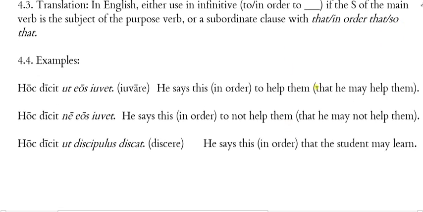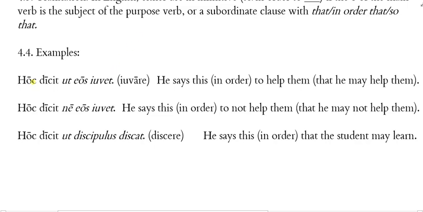So here are 3 examples in Latin. Hoc dicit ut eos iuet. Okay? He says this. That's my main clause here. And then ut introduces the purpose clause. Ut eos iuet. And I've given you the second principal part so that you know that this is a first conjugation verb, so that we can notice that the E here indicates subjunctive, right?